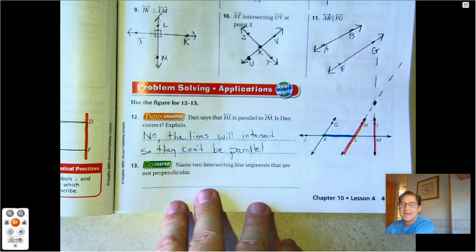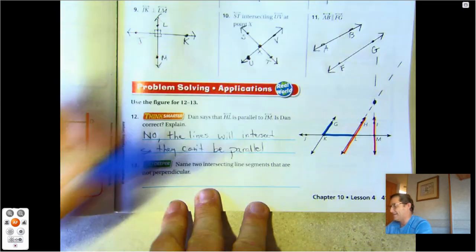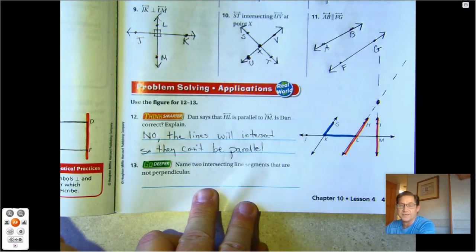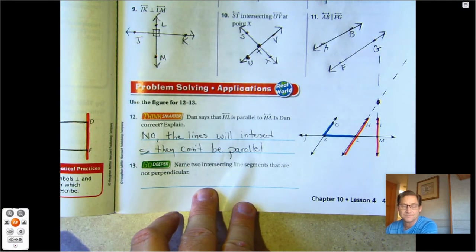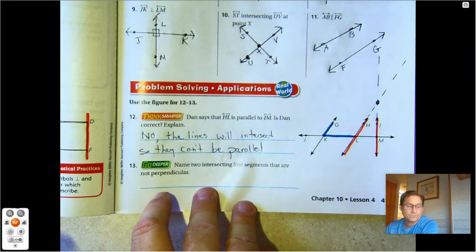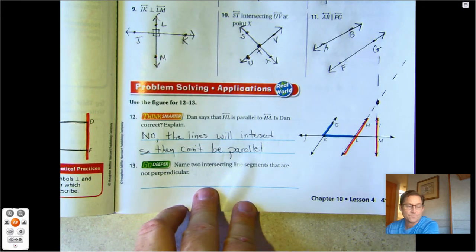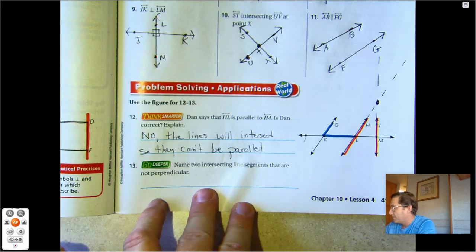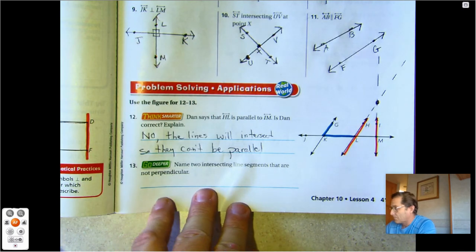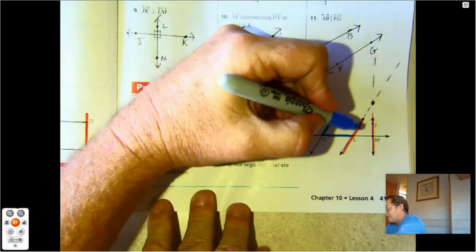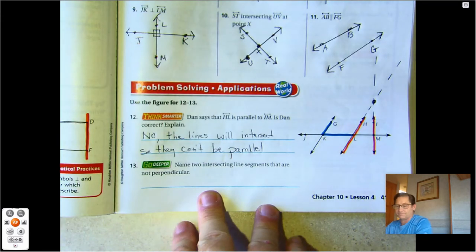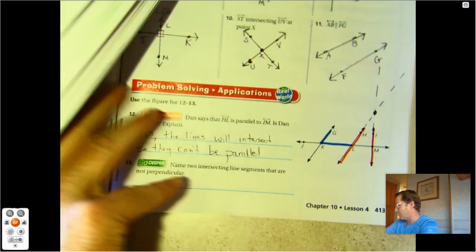What intersects KL? Well, GK does. Those lines are not perpendicular. They don't form a right angle. So we could call it that. So there's some different possibilities. We could even go with the 2 they gave us to start.